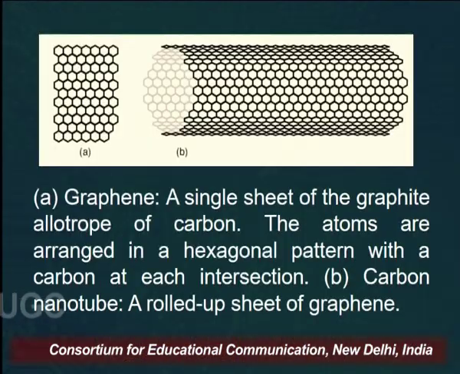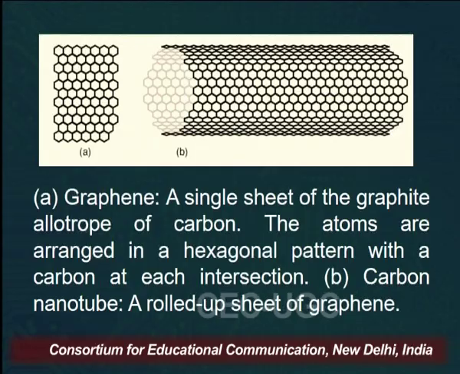So graphene transistors are the first step. Production of graphene by chemical vapor deposition has been accomplished on an experimental scale. This graphene, a single sheet of graphite, an allotrope of carbon, is what we use.